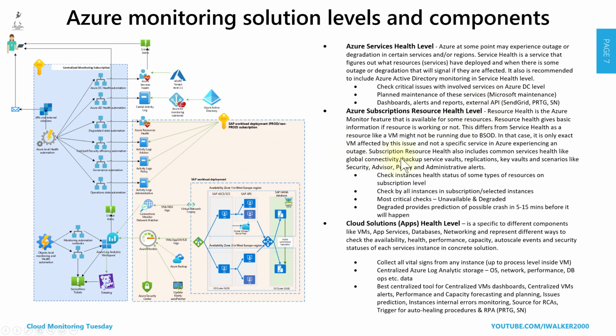It means that you can look at the virtual machine or some other services. There's a huge list, and by the way, we will discuss this service exactly in the next hour, Tuesday, Cloud Monitoring Tuesday. We will discuss how it works, etc.